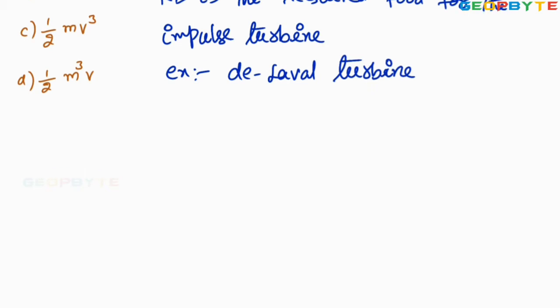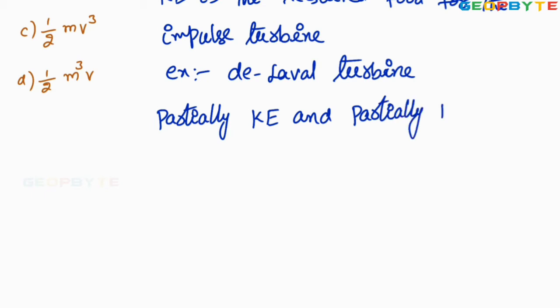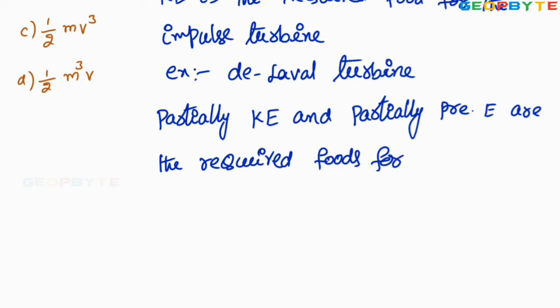Now, if you take the reaction turbine, partially kinetic energy and partially pressure energy are the required foods for the reaction turbine.